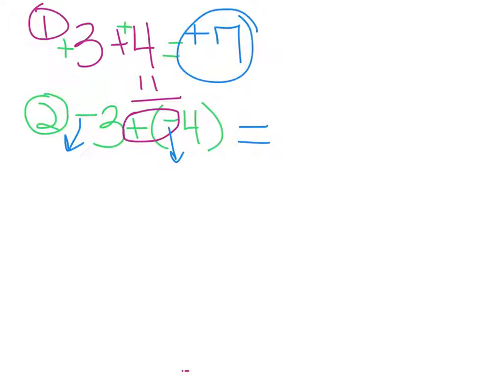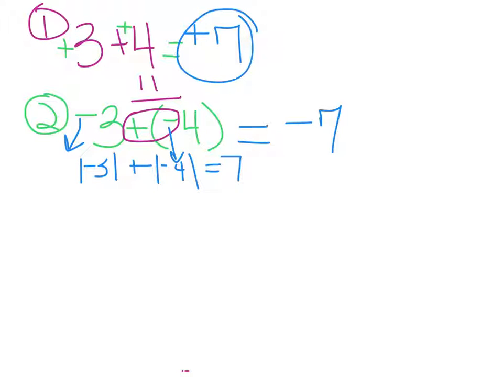I'm still going to owe them money, so it's still going to be negative. No matter what, if you owe somebody and you owe somebody again, you're still going to continue to owe them money. All right, so my sign is going to be negative, and then I just add the absolute values. So if I look at the absolute value of negative 3 plus the absolute value of negative 4, you're going to get 7, okay? But we have to keep that negative sign: negative 7.